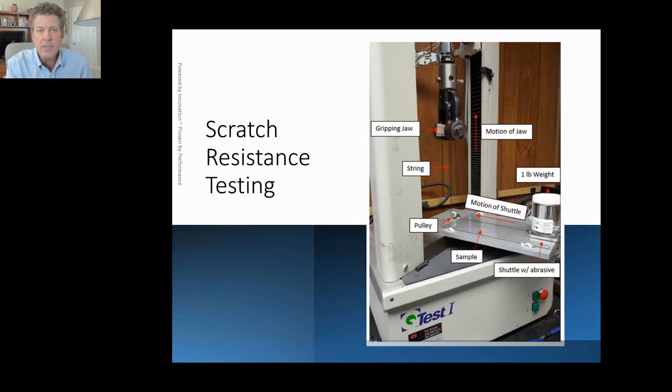And so the results of that test are that on the left there, you'll see Strataglass after 20 passes, you see no scratching from a 1 pound weight with steel wool.